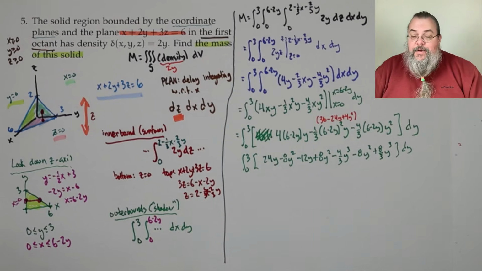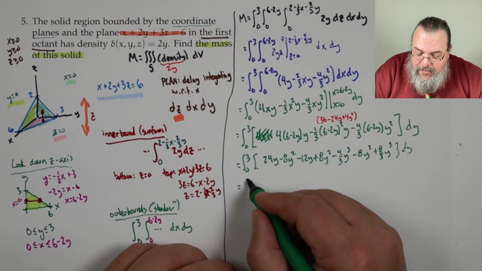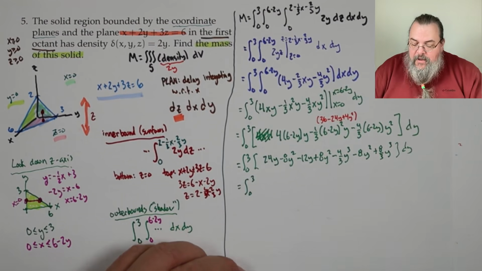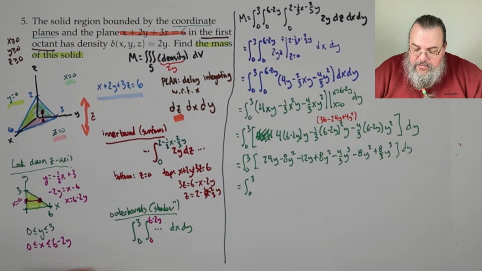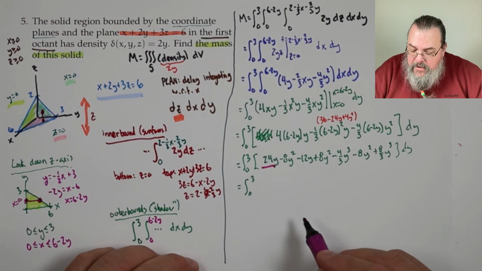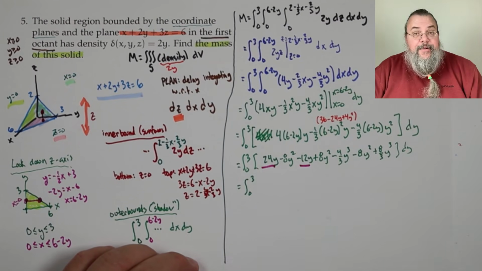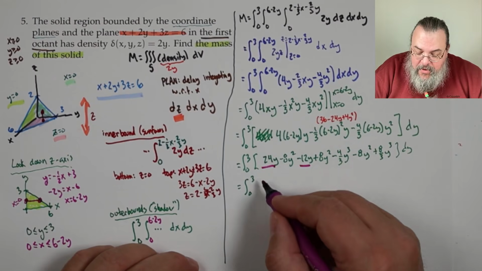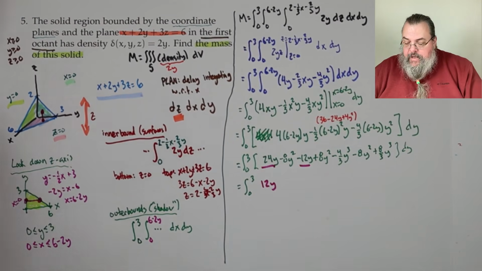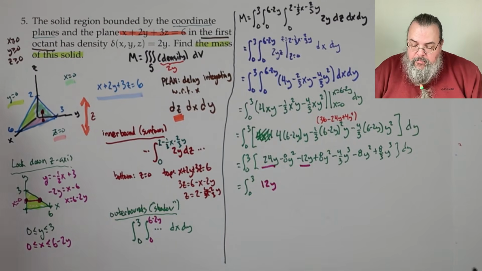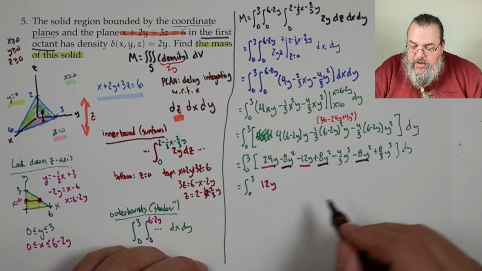But we haven't done our hunter-gatherer, right? We've got to start looking. So let's look for the y terms. We've got a 24y and a minus 12y, and that's it. So that leaves us with 12y. Okay, we have a minus 8y squared, a plus 8y squared, and a minus 8y squared.